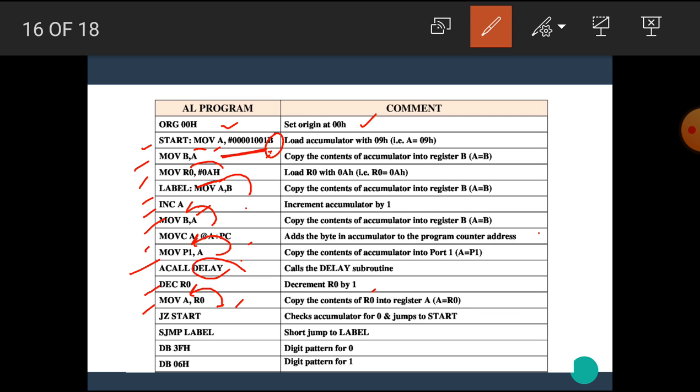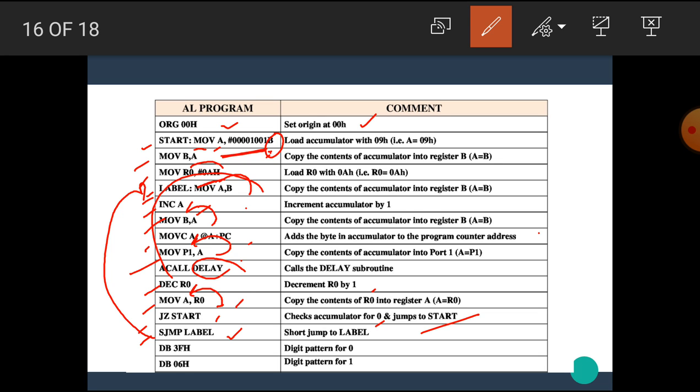After that, the next instruction is JZ start, that means it checks the accumulator for 0 and jumps to the start. The next instruction is SJMP label. SJMP stands for short jump and label is the title of the instruction. After the execution of this instruction, the loop continues.